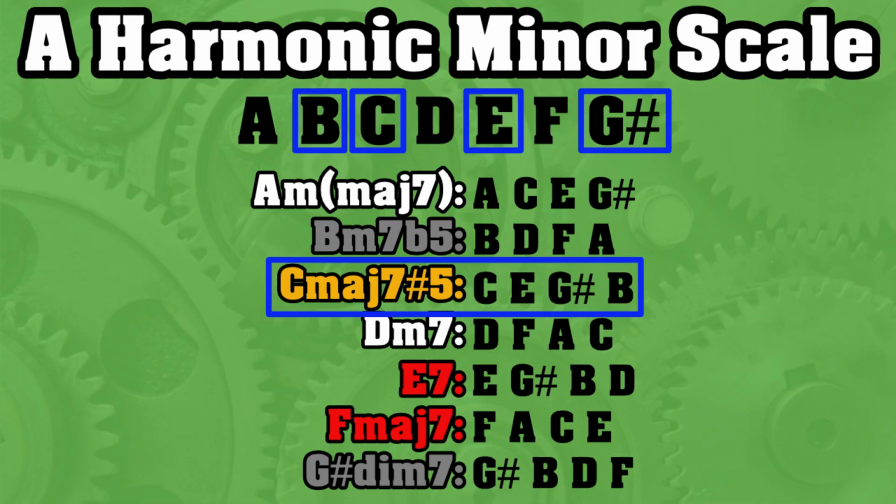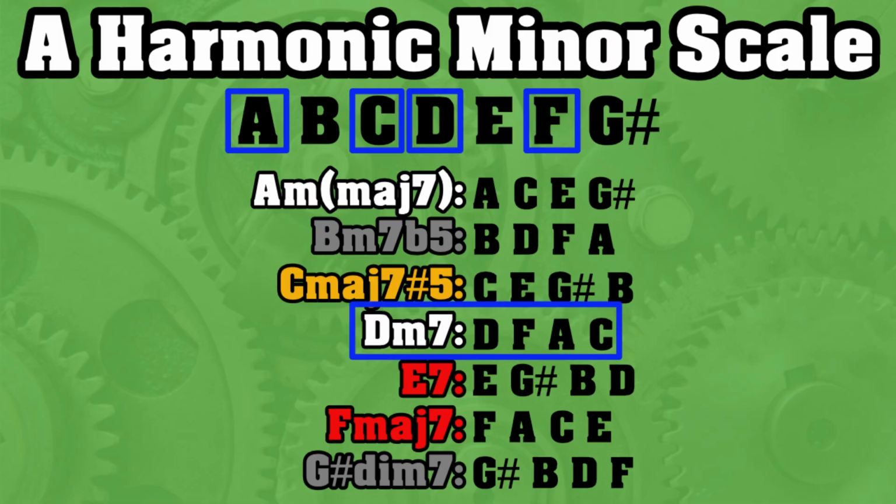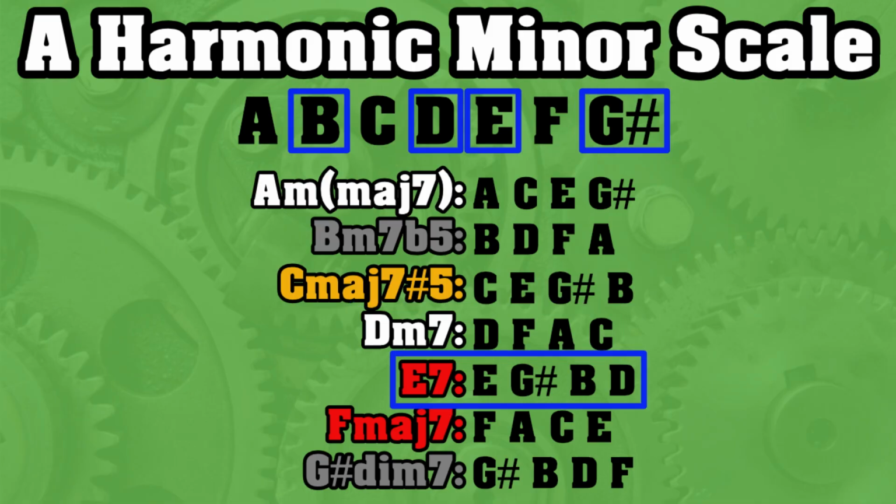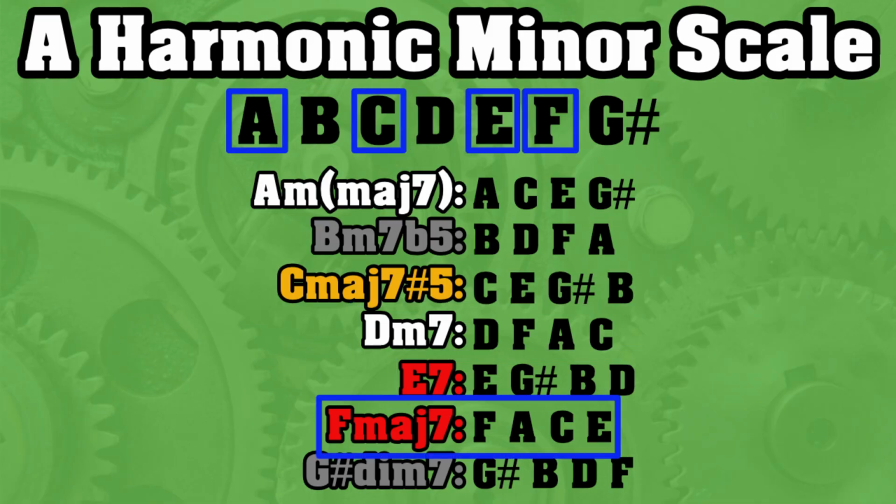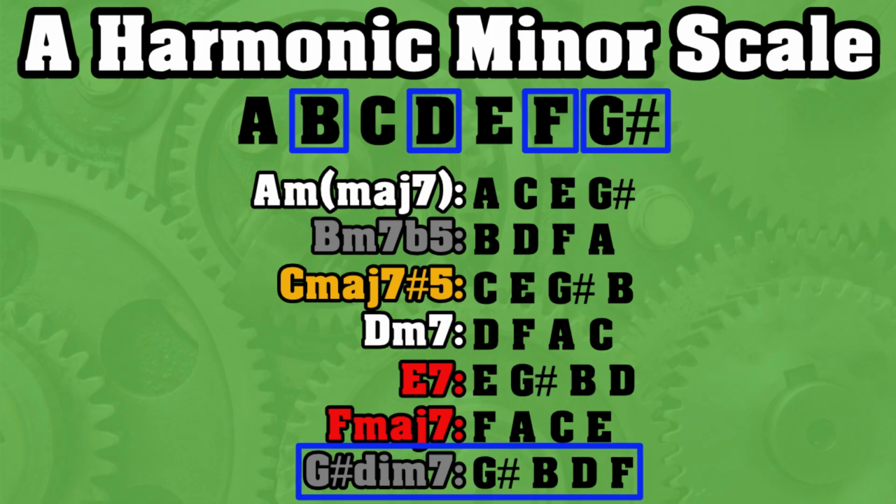And then you have a D minor 7. And then you have an E dominant 7. Then you have an F major 7. Then you have a G sharp fully diminished. And then you're back at your A minor major 7.